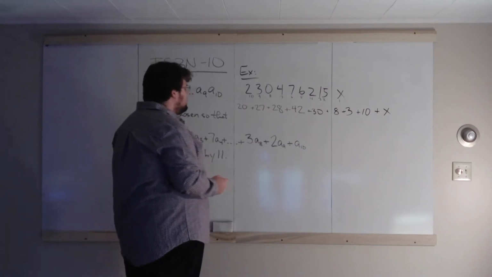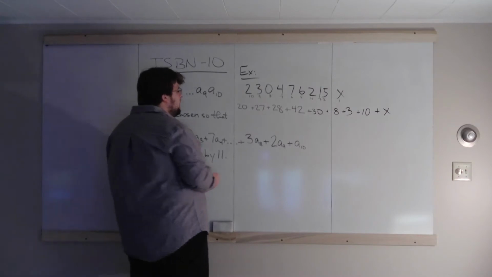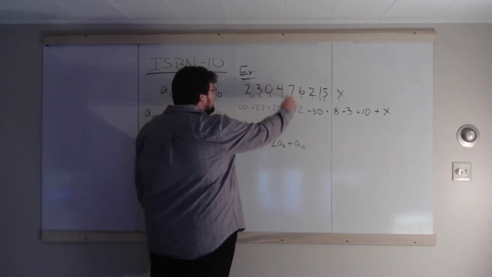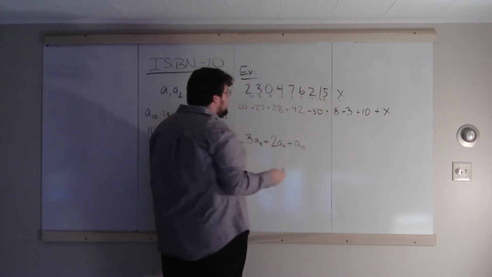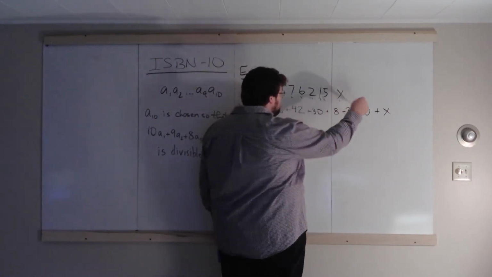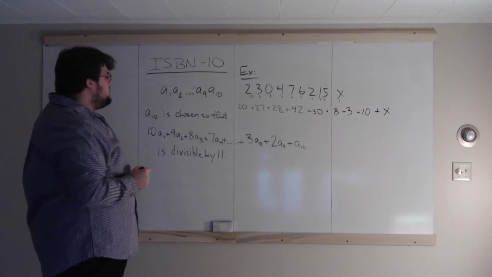As I was writing those out, I was kind of visualizing them, and I'm going to use that to check. So let's see, 20, 27, 0, 28, 42, 30, 8, 3, 10, and X. So we want this to be divisible by 11.